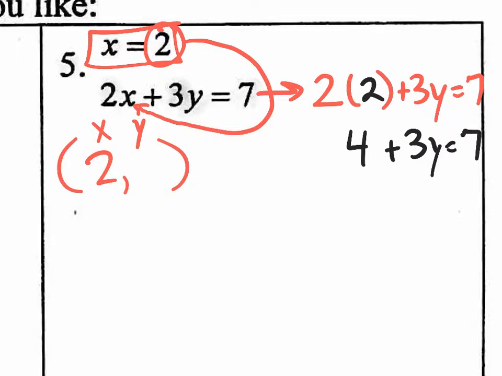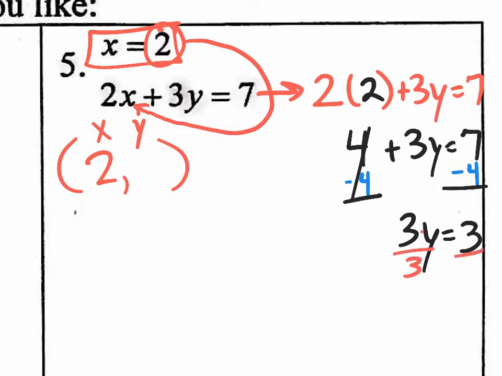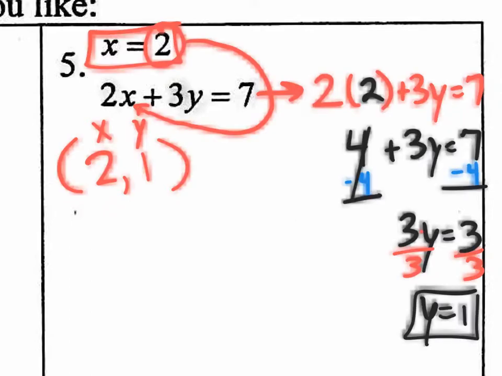And then you get rid of the 4 by subtracting 4. You're going to have, cancels, 3y equals 3. Final step to get rid of the multiplication of 3 is to divide by 3. Y equals 1. So your y value is 1, and there's your answer, number 5.